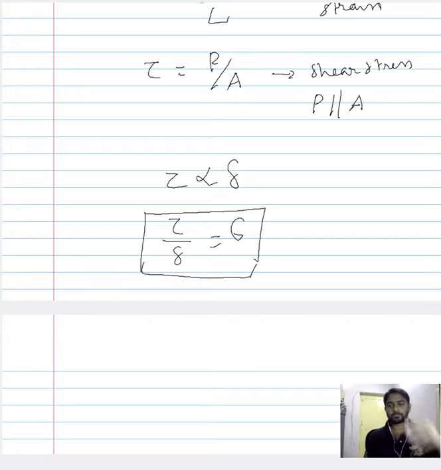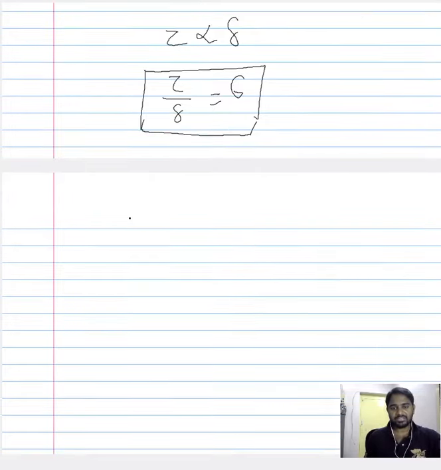So let us build on this understanding in order to see how we can define the shear modulus, and see how the shear modulus will relate to the change in the shape that we see during the shear stress.